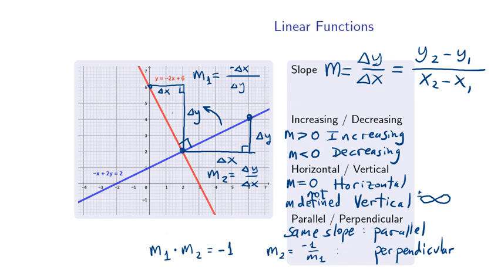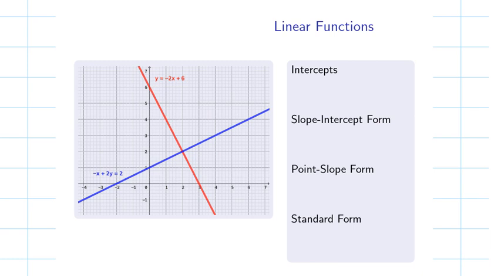So that's the beginning. Let's take a look at more about linear functions. The intercepts. The intercepts are where the line crosses the x and the y axes, and there's the x-intercept.